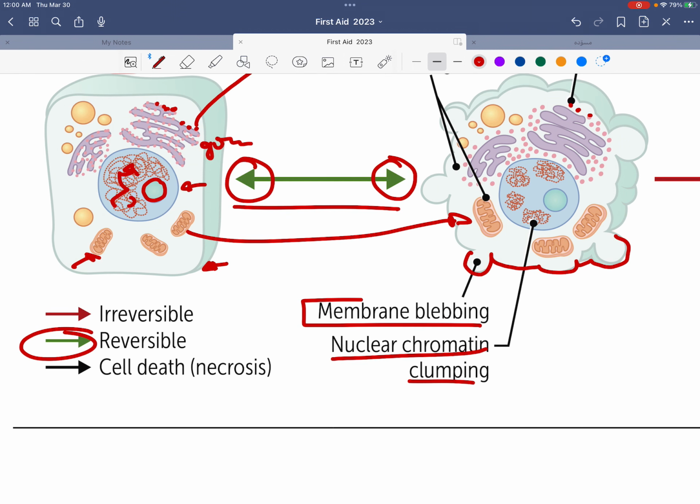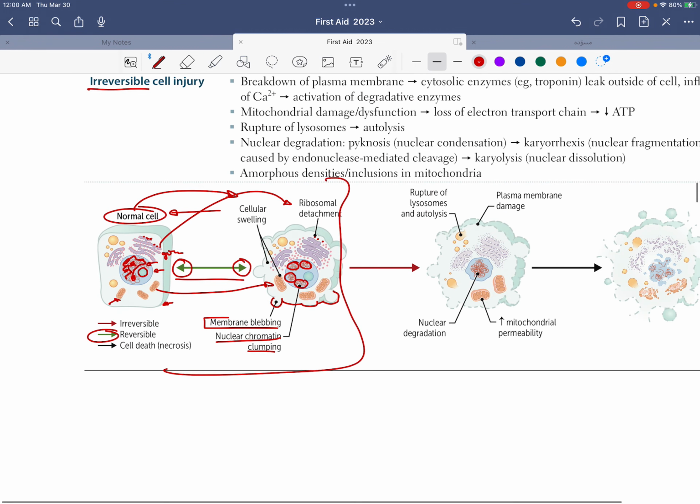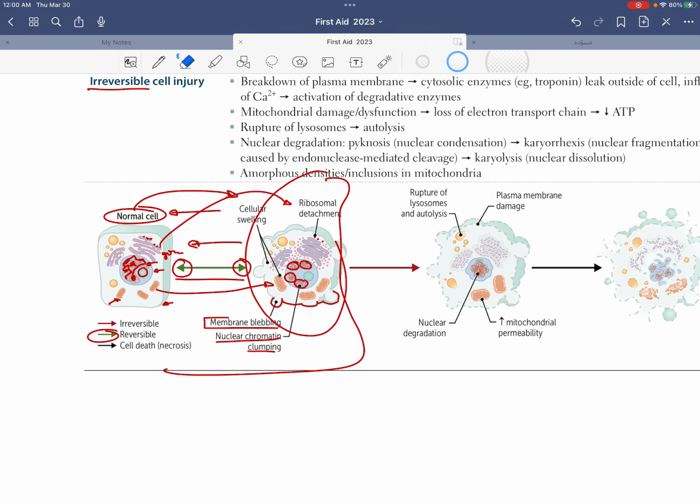So the nuclear material is not connected to every other part like it's supposed to be under normal status. Now it gets this clumping into these different portions, but still all of this is reversible and can go back to its normal status.